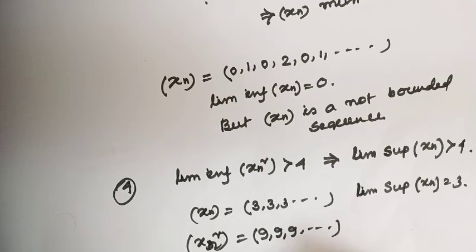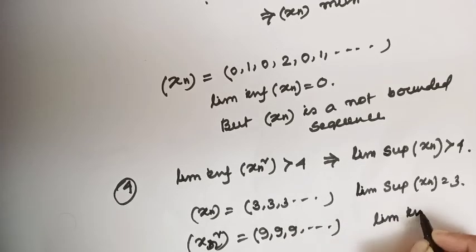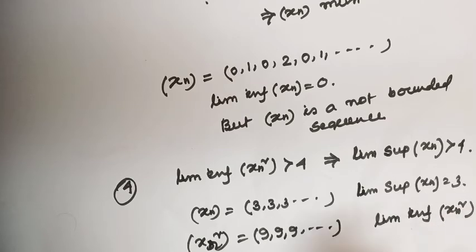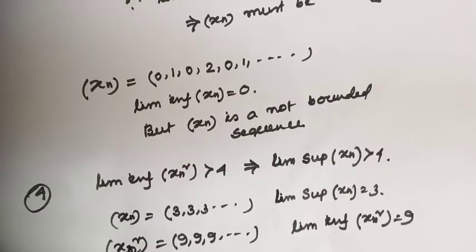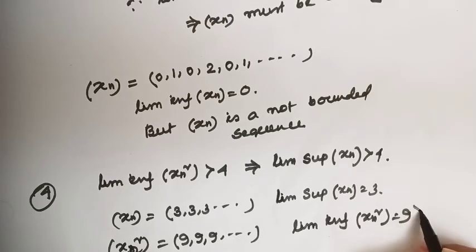What is limit inferior of xn square? Limit inferior of xn square is similarly 9, and this is greater than 4.